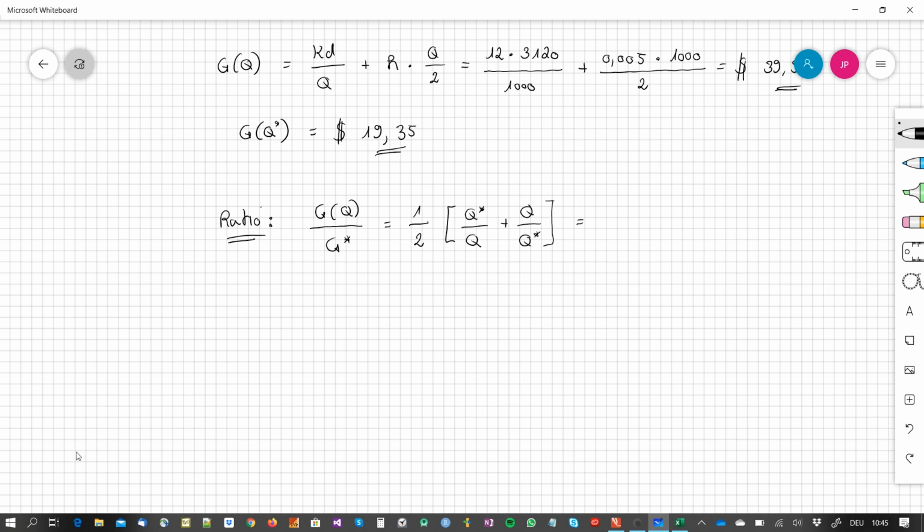So if we insert our data, and the optimal order quantity was 3,870 divided by the suboptimal order quantity, and this is 2.06. So our average costs now, when we apply a suboptimal order quantity, is just 2.06 times larger than the optimal average order cost.